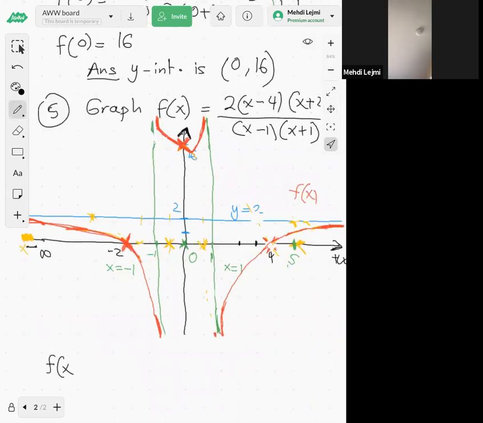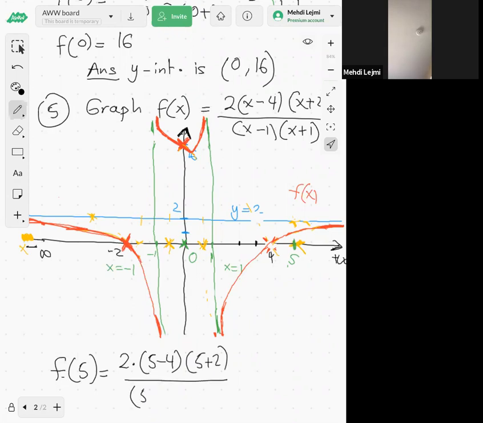If x is 5, then f of 5 would be 2 times (5 minus 4) times (5 plus 2) over (5 minus 1)(5 plus 1). So that'll be 2 times 1 times 7 over 4 times 6, so that'll be 14 over 24.